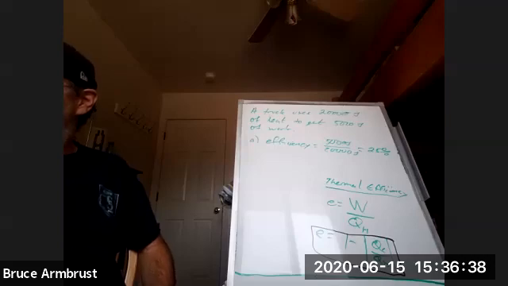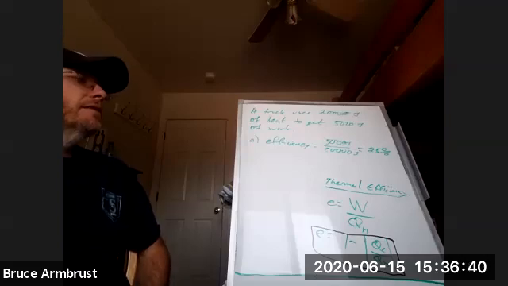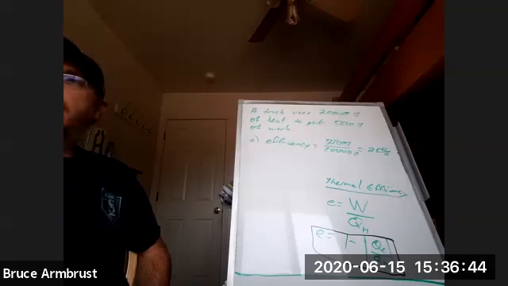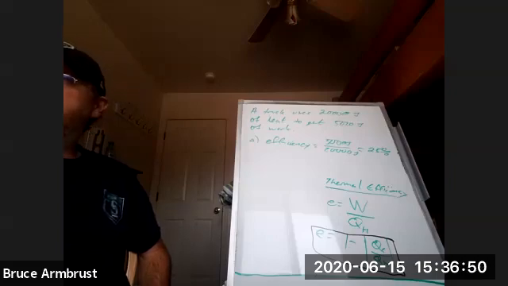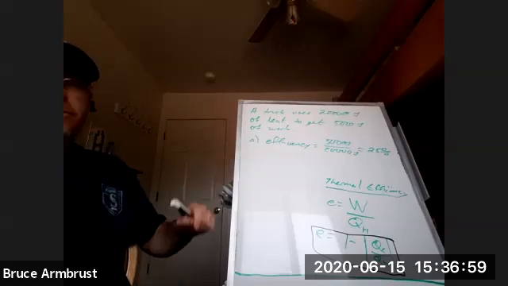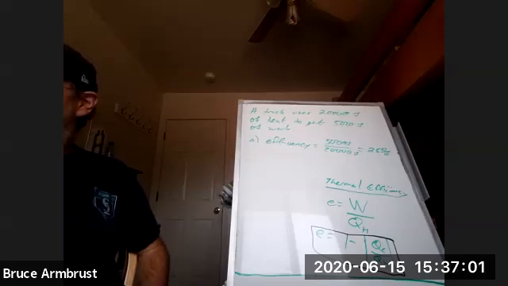So this engine is 25%, which is probably a little bit high. I think most actual gas engines, it's more like 20% thermal efficiency, but we'll call it good. Okay, so there's our efficiency.